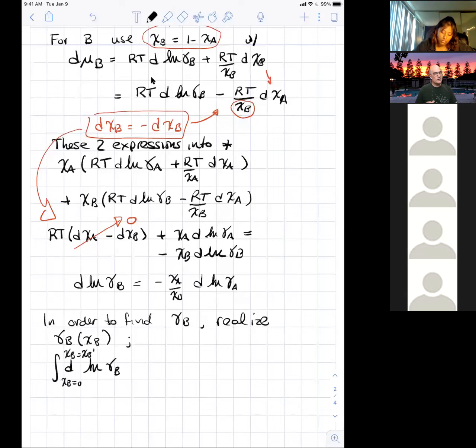So we're going to integrate the mole fraction of B from 0 to some other value of mole fraction of B. And, oh, I'm sorry, not 0, 1. And we're going to do the same integration on the other side.